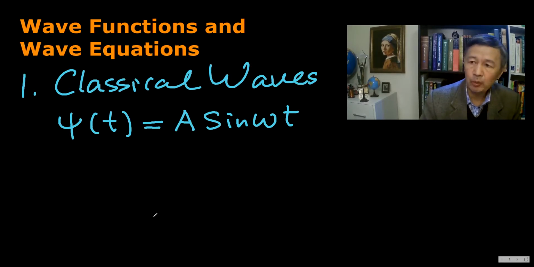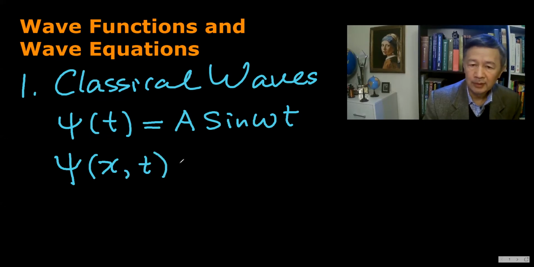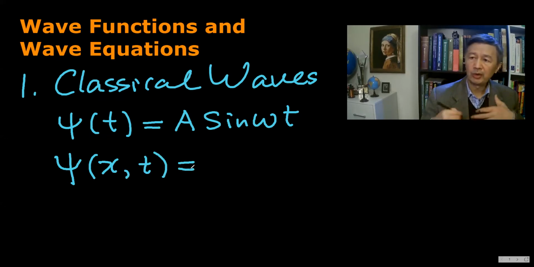How to describe this wave? We have to consider a simple equation that includes two variables: one is the position, the other is time. How to describe the propagation of the wave?